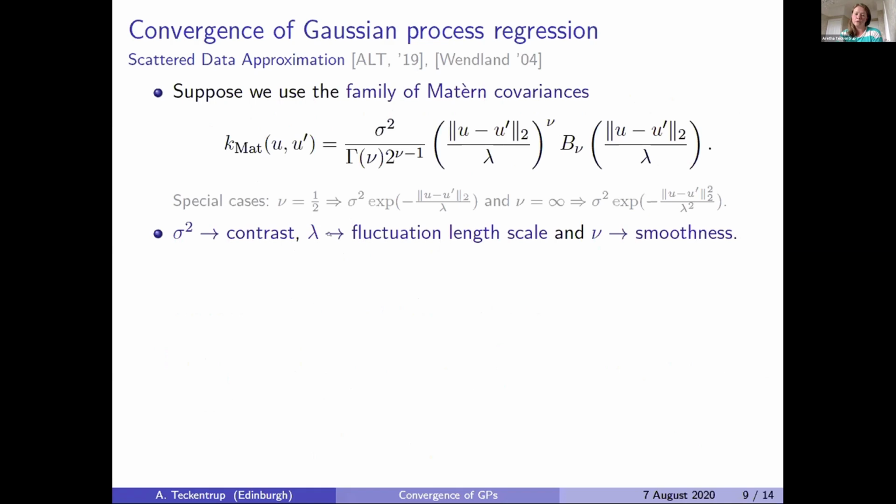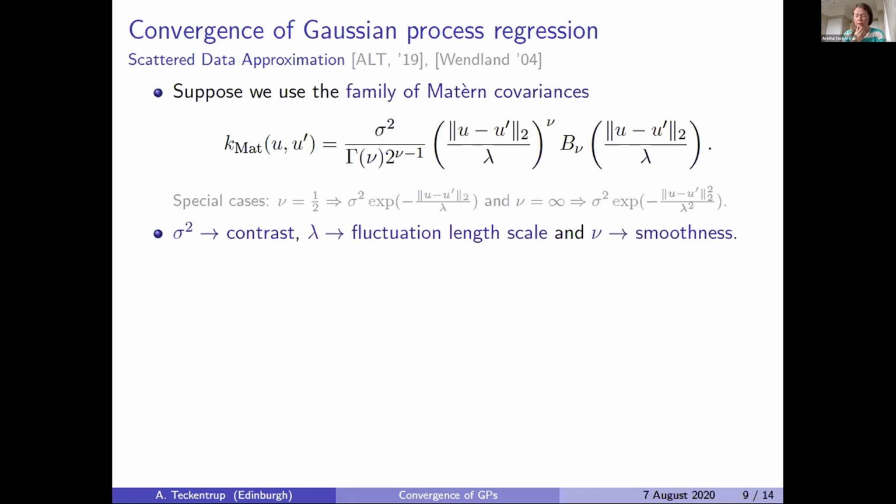Then you have what's called a correlation length lambda. That gives you the fluctuation length scale, the typical length scale on which your field varies. And then the third parameter is nu, the smoothness parameter. The nu tells you how many derivatives your sample paths are going to have.